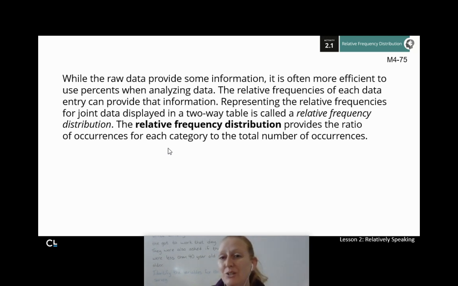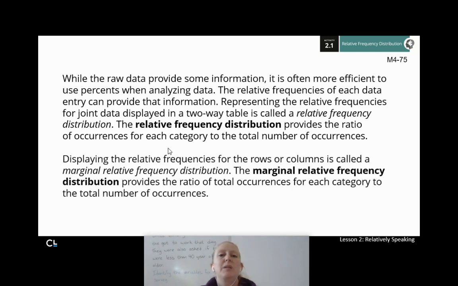And it makes it easier to directly check. Displaying the relative frequencies for the rows or columns is called a marginal relative frequency distribution. The marginal relative frequency distribution provides that ratio of total occurrences for each category to the total number of occurrences. So let me show you what I mean here.